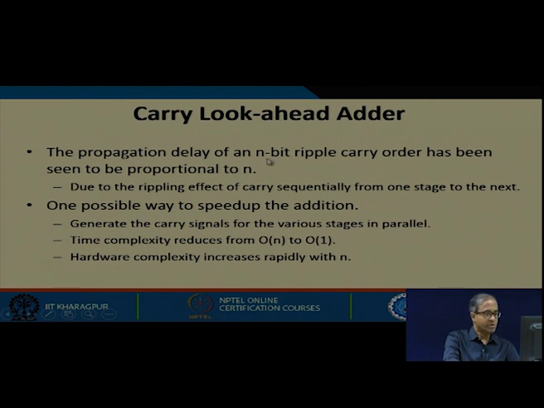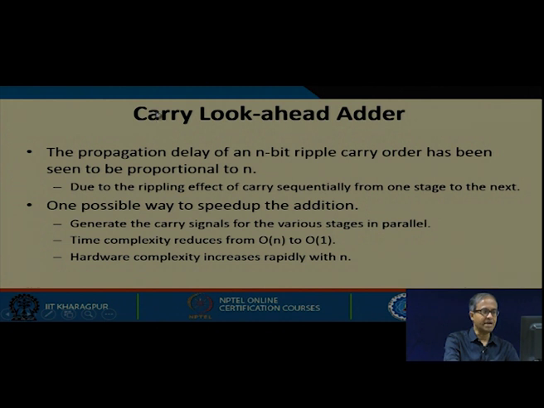So, the second kind of adder that we look at here is called the carry look ahead adder. As the name implies, we are doing some kind of look ahead to determine the values of the carries.